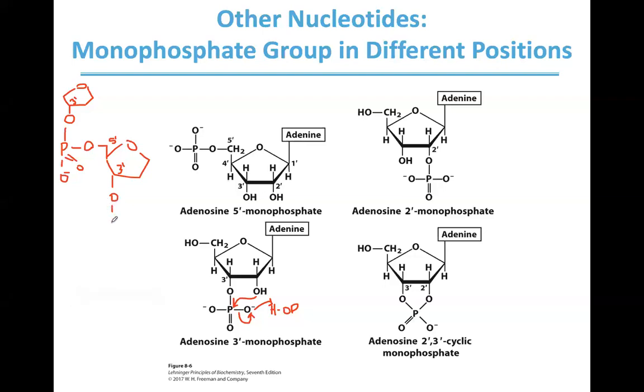Again, 3' will be linked to 5', and so on and so forth. So when you have a phosphate at 3' or 5', that's where it actually belongs, to build nucleic acids.